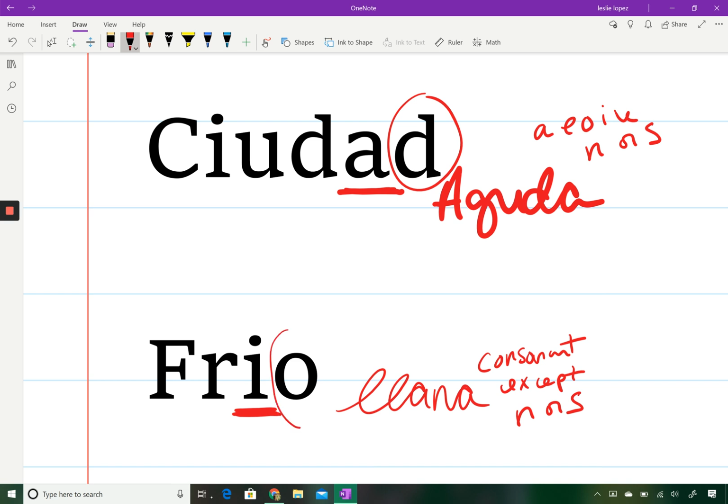So since this word ends in an O and it is a palabra llana, it does not have an accent mark based on the rules that we've learned thus far. But the next rule, the fourth rule of the accent marks, dictates that this does have a tilde. Next class, we will learn more about that and why that happens.